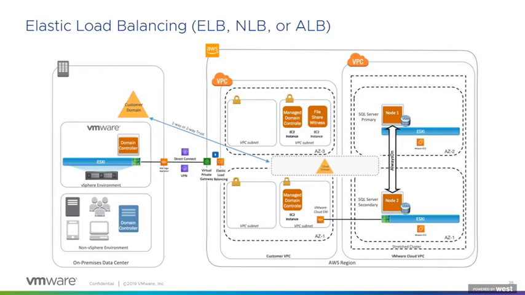Okay, so next, after you've deployed Always On in SQL Server, on the right-hand side of the diagram, number 8 in the very middle of the slide shows elastic load balancing. There are multiple AWS services that provide load balancing, where traffic would come in, hit a load balancer, and then hit an array of application servers, either on premises or in the AWS environment or in the VMC environment.